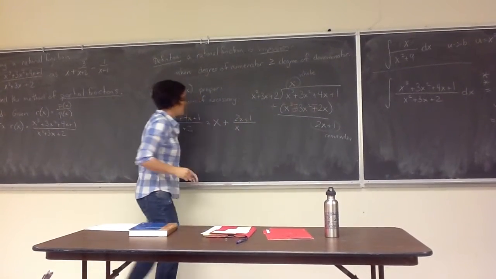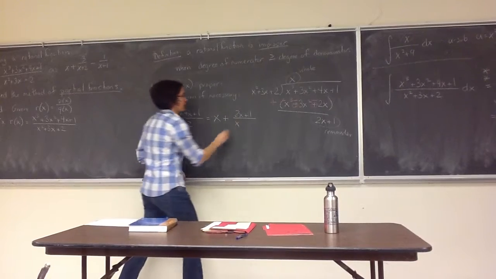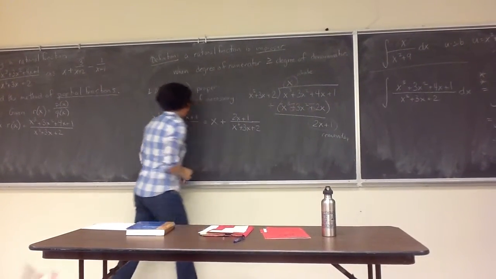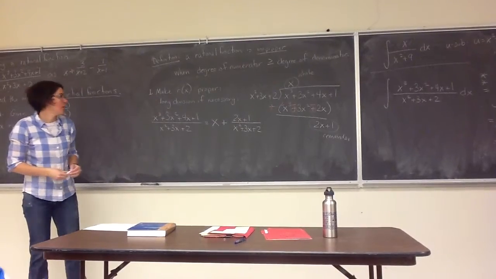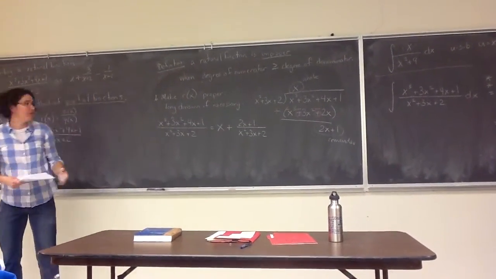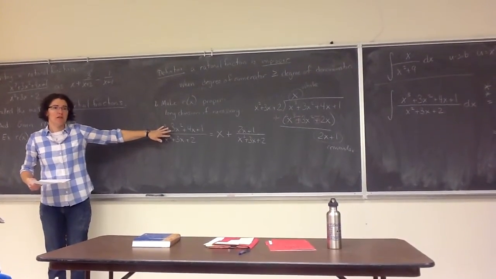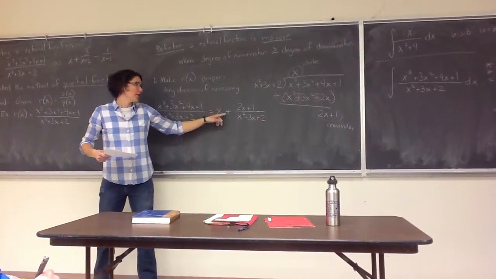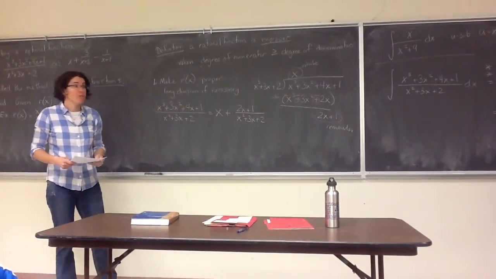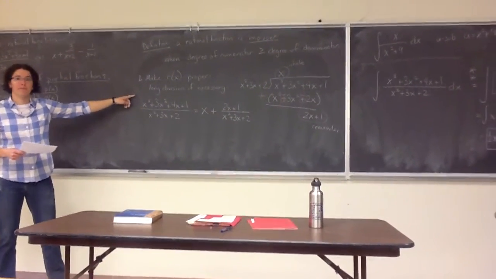So I have x plus 2x plus 1 over x squared plus 3x plus 2. Okay, so we are now done with step 1. We've taken our improper fraction and written it as a whole part plus a remaining proper fraction. Any questions about this part?